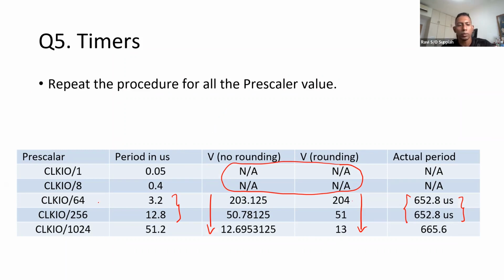That means if I choose a prescaler of 64 and set my OCR register to 204, I will have an actual period of 652.8 microseconds. If I take a prescaler of 256 and set my OCR to 51, I'll also get the same 652.8 microseconds as the actual period. So both of them will give me the same actual period of the timer.